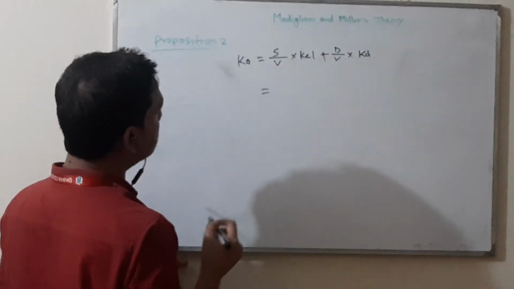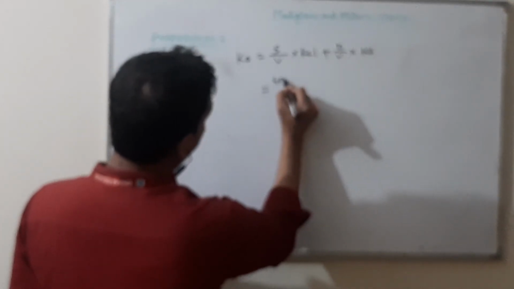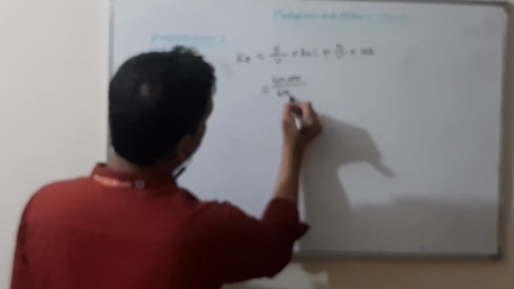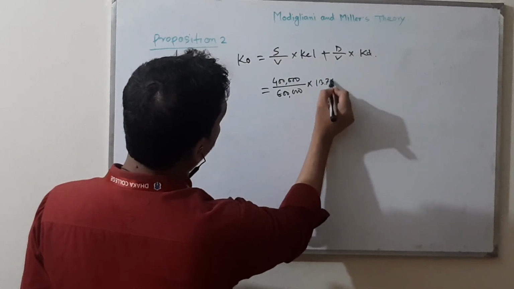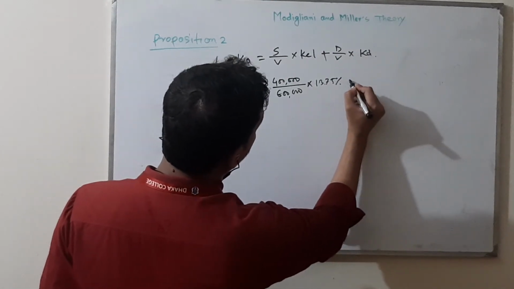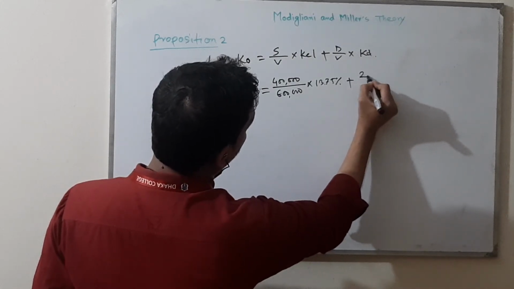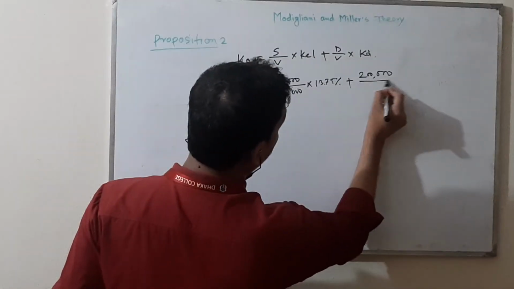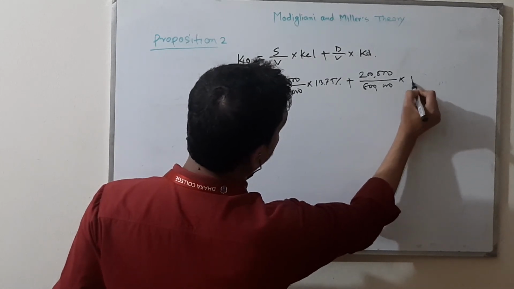Okay, so here we already see that the market value of the shares is 4 lakh, then the value of the firm is 6 lakh, cost of equity levered is 13.75%. You already brought this out. Then plus D, I mean 2 lakh, then value 6 lakh, and KD is 10%.